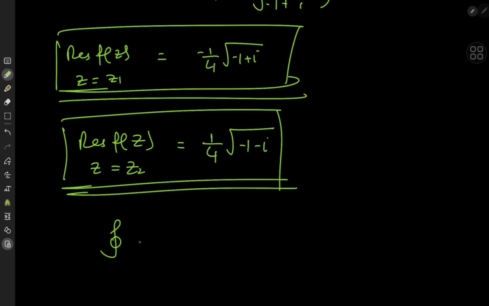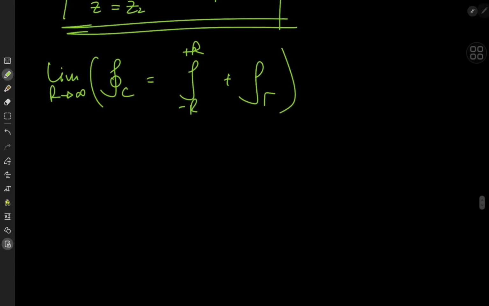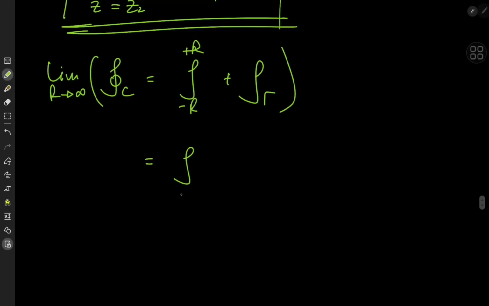So we have the integral over the closed contour C, and this can be broken down into the integral over the diameter of our semicircle, which is from negative r to positive r, so that's an integral over the real line, plus an integral over the semicircular arc gamma. And we're interested in the limiting case of r going to infinity. Okay, so that means we have the integral from negative to positive infinity of f of z, which could be replaced by f of x because we're on the real axis.